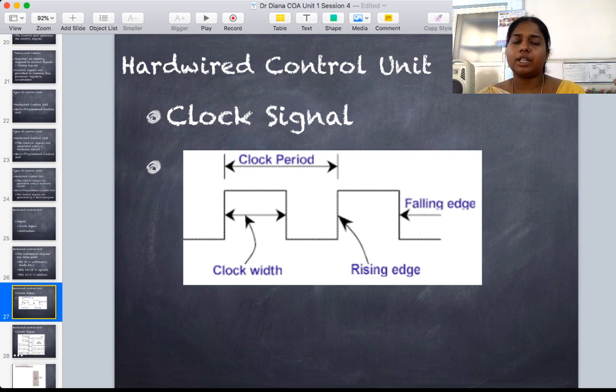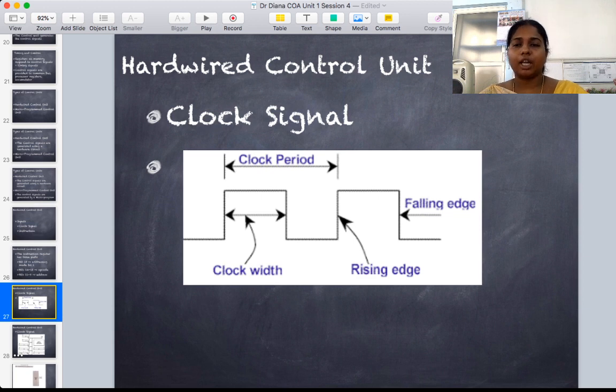Any instruction that has to be executed should be done in clock cycles. When I give an instruction to the computer, it will take n number of clock cycles to complete execution of the instruction. It depends on what type of instruction we have. Certain instructions use multiple clock cycles, and certain instructions use only one clock cycle.